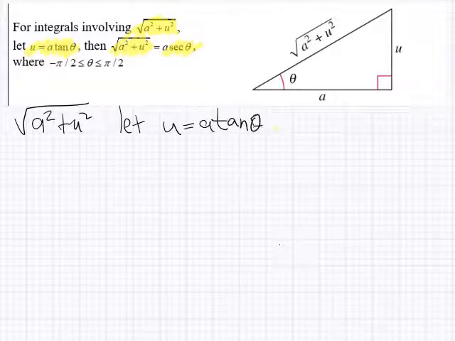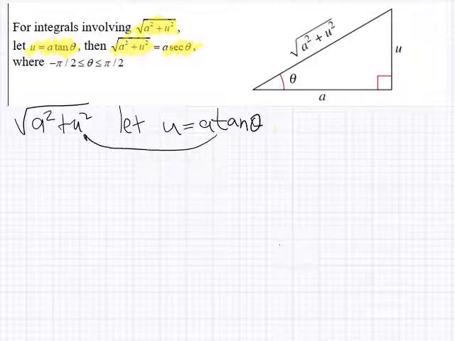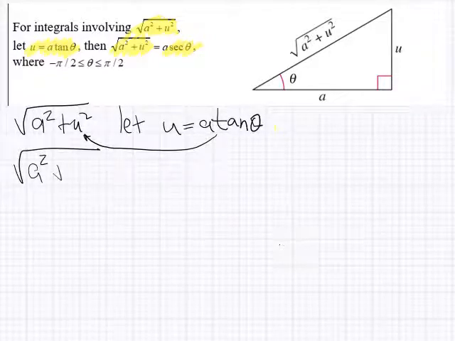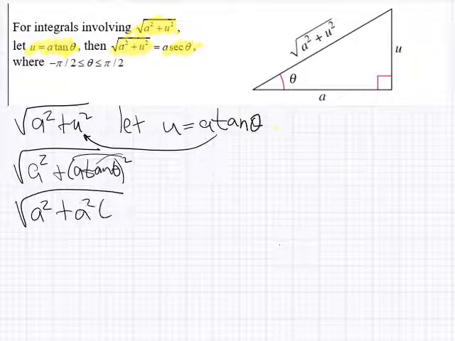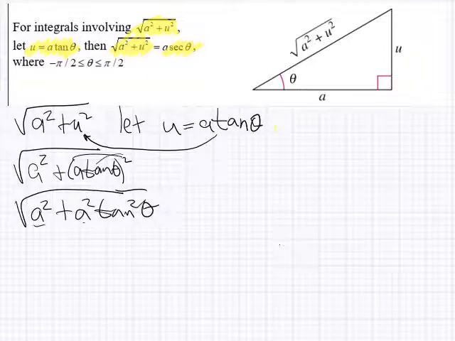Because if I let u equal a sine theta in this square root, it doesn't do anything. It just makes it look even worse than it already does. But if I use this particular substitution for u, look at what happens. I get a squared plus a tan theta squared, which if I square both of these, I get the square root of a squared plus a squared tan squared theta. I factor out the a squareds.